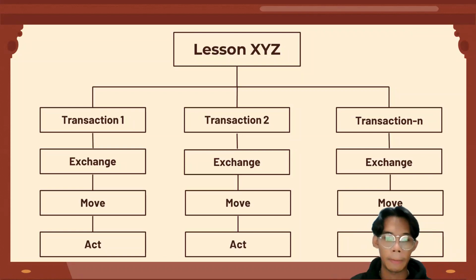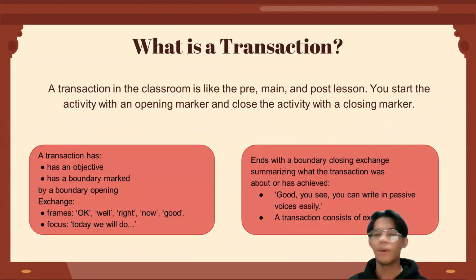Now, what are transactions? As I said before, a transaction in the classroom is like the pre, main, and post lesson. You start the activity with an opening marker and close the activity with a closing marker. So a transaction here has an objective and also has a boundary marked by an opening marker.